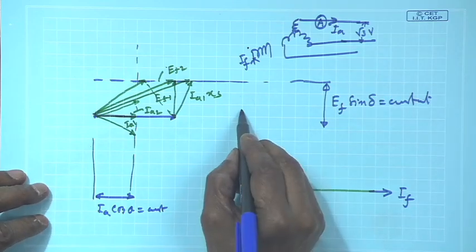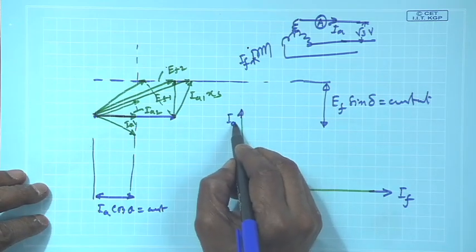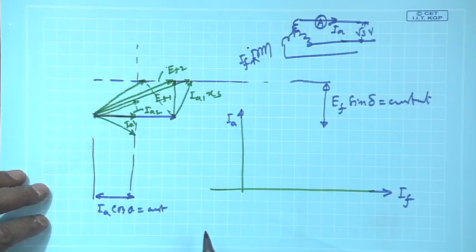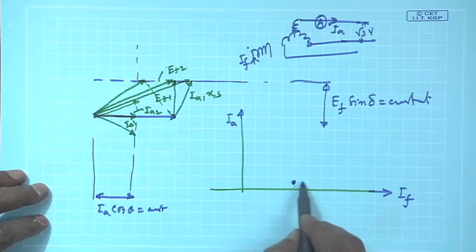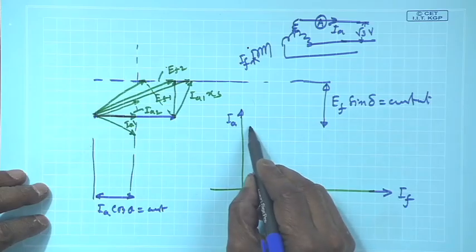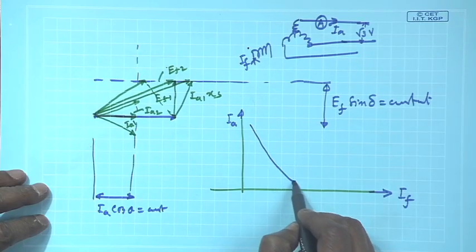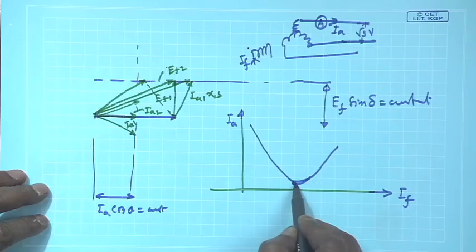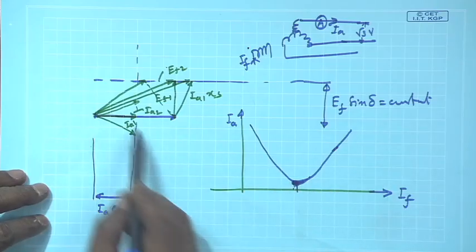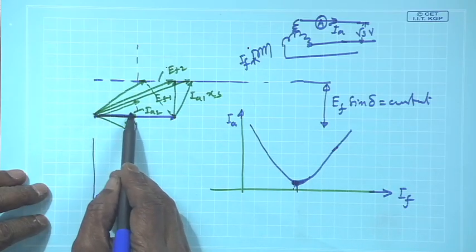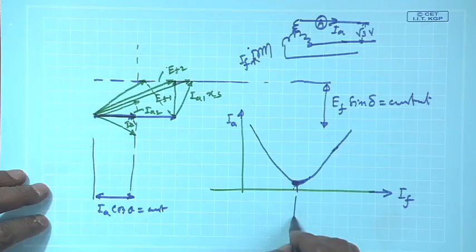you will find that as you vary the field current I f, the magnitude of armature current will become minimum at this one, and this curve will be somewhat like this here, V, because you see the minimum current will be drawn when the machine is operating at unity power factor.